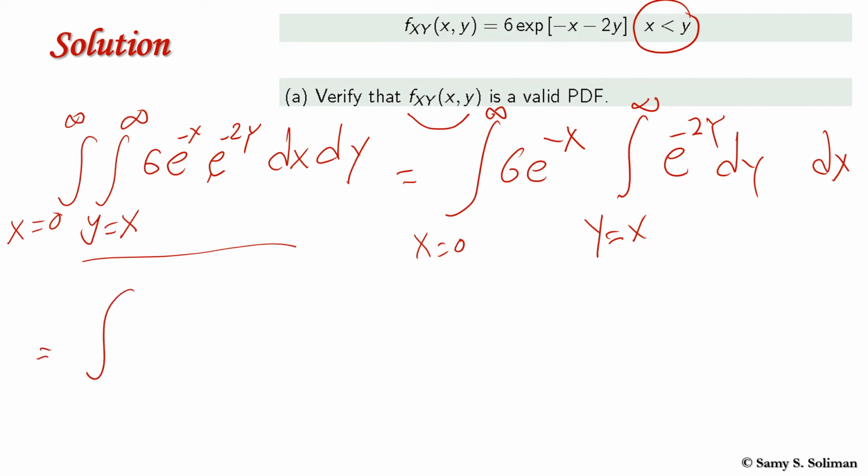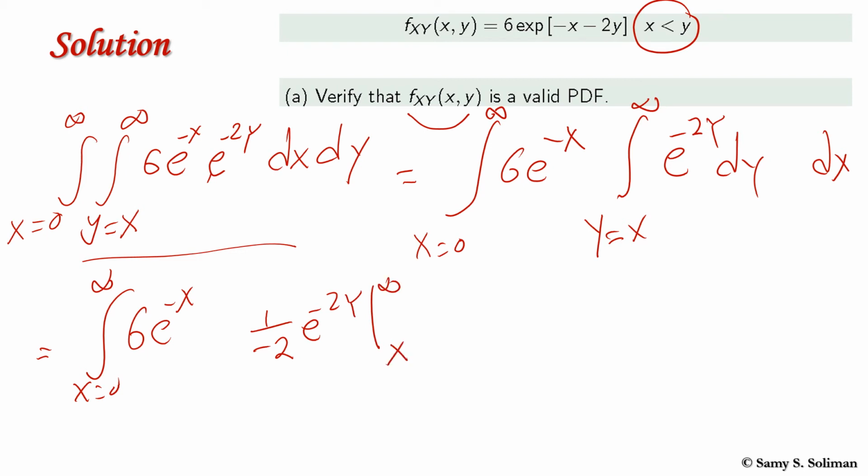This is equal to the integral of x equals 0 to infinity 6 e power negative x, and the integral of e power negative 2y is 1 over negative 2 e power negative 2y, and we substitute once by infinity and once by x.